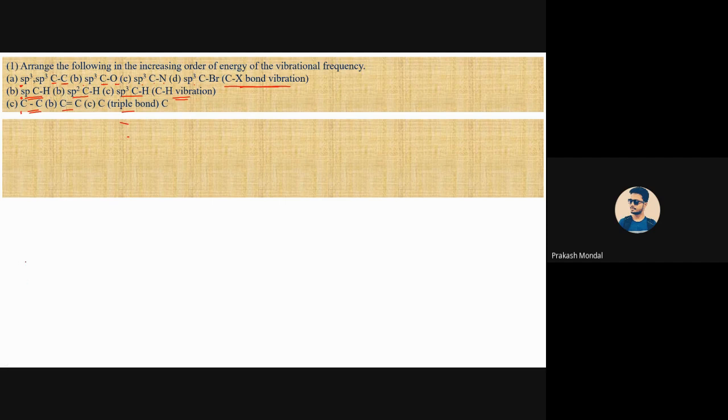For the question A, you are saying that CC will be greater than CO, right? Sorry, sir, my mistake. Carbon-bromine bond would be the least value because bromine has higher mass, so the bond strength will be lower.